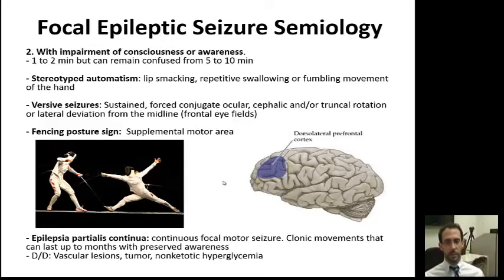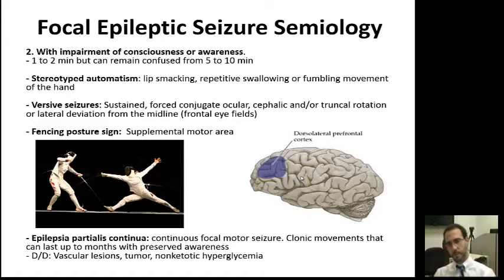There's another type of focal epileptic seizure called the fencing posture sign, and that's coming from the supplemental motor area, which in the prior slide I showed is pretty much the area that is very close to the primary motor area of the cortex. You remember the color red, that was in charge of the primary motor cortex.